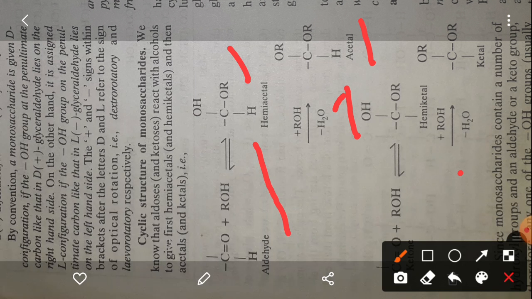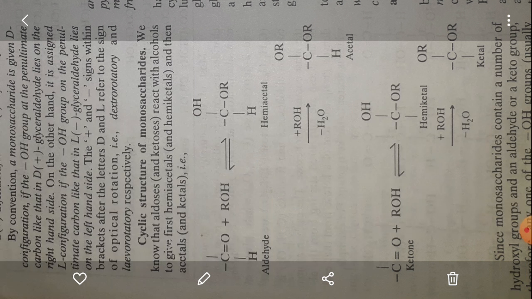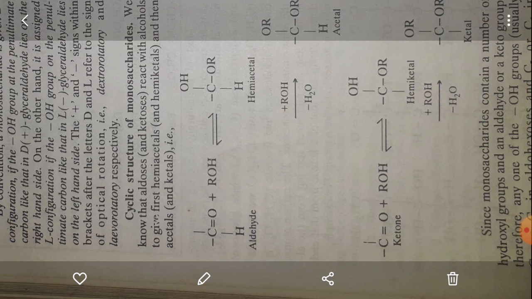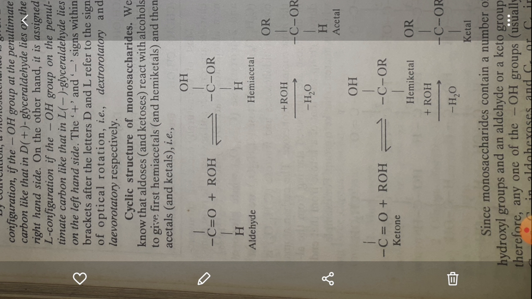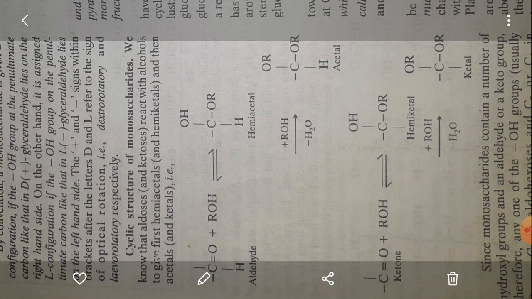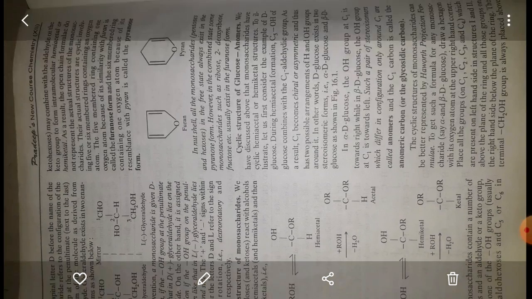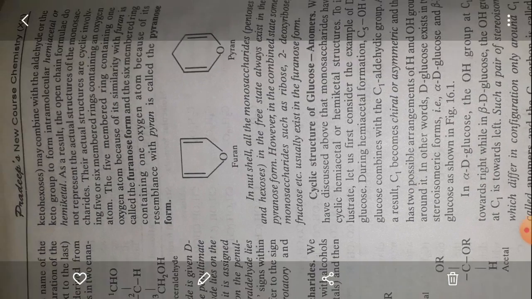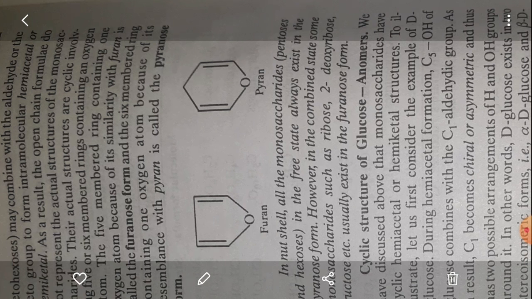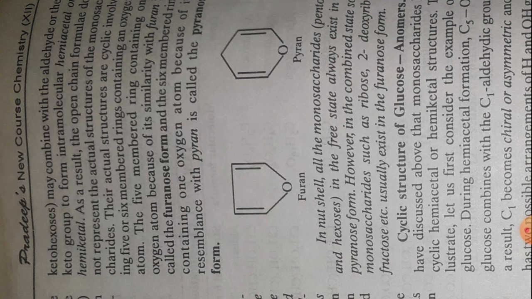Likewise we have written the reaction for ketals. Ketone on reaction with alcohol gives first hemiketal and then ketal. So aldehydes and ketones on reaction with alcohol give hemiacetal, hemiketal, and acetal, ketal.